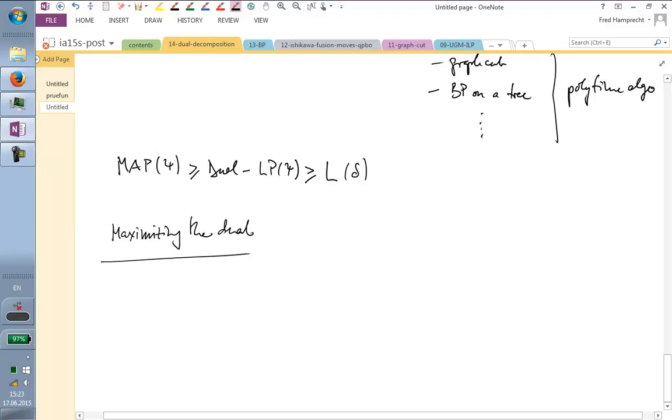One possible approach is subgradient ascent. This is like gradient descent, but for non-differentiable objectives.